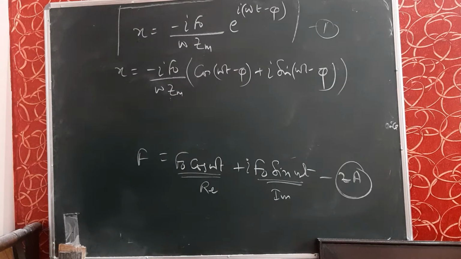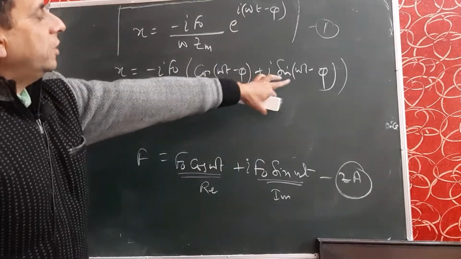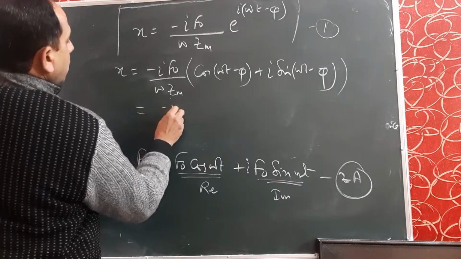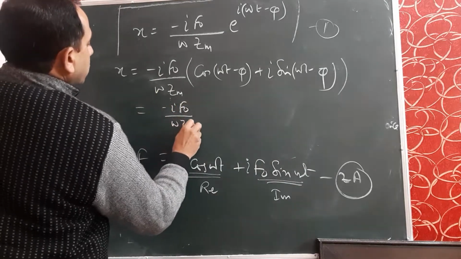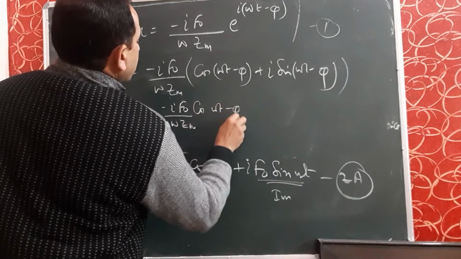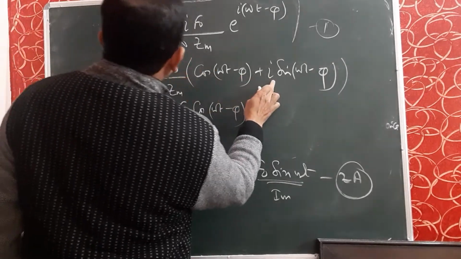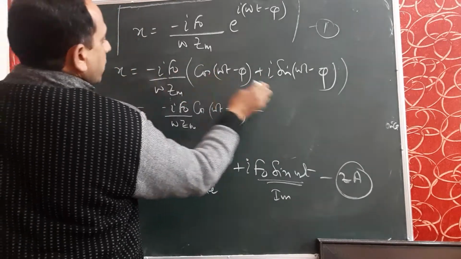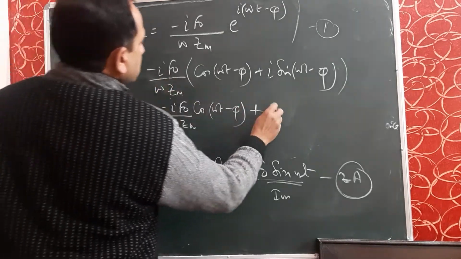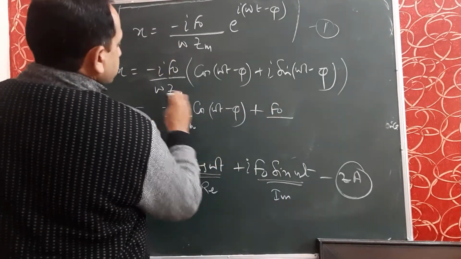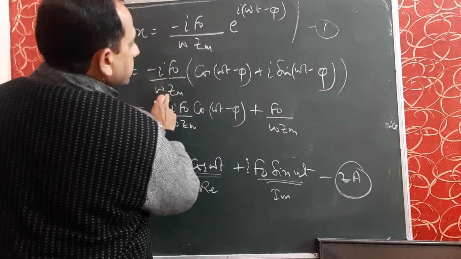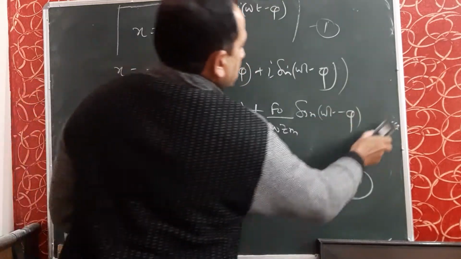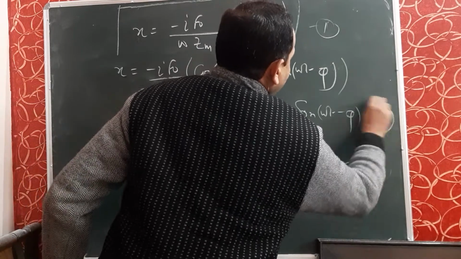So I am using the formula e power iota theta is cos theta plus iota sin theta, and we multiply this with this, that is iota F naught over omega Zm into cos omega t minus phi, and we multiply this with this part, iota into iota, iota square, that is minus 1. So minus into minus is plus, it is F naught over omega Zm into sin omega t minus phi. So this is equation number 1a.